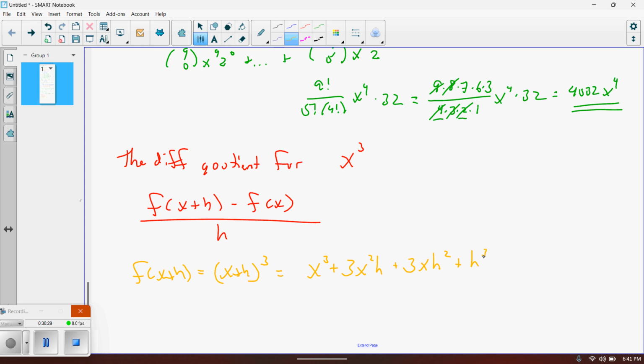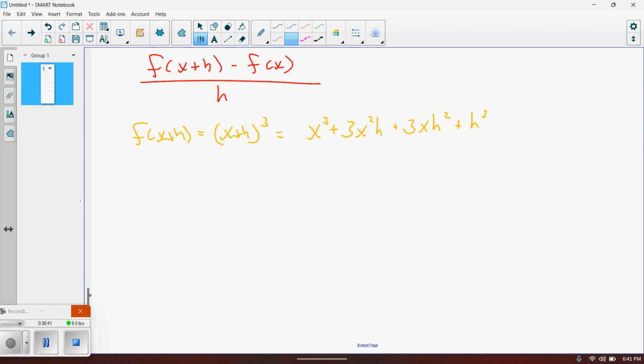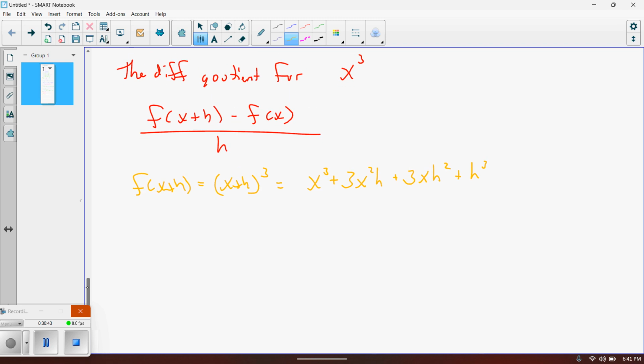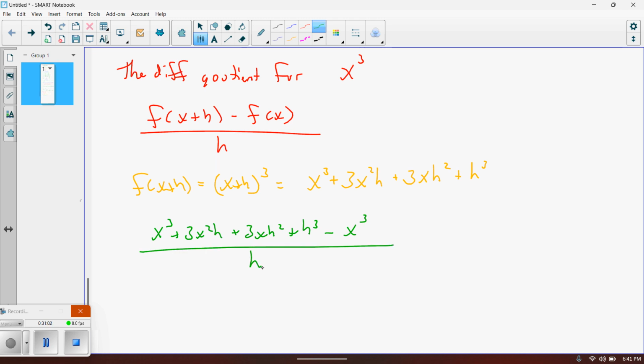So I've gone ahead and expanded out x plus h cubed without having to basically FOIL x plus h times x plus h and then multiply another x plus h using whatever method you might choose for that. And then this becomes pretty quick and easy to deal with. So the difference quotient would be x cubed plus 3x squared h plus 3xh squared plus h cubed minus f of x, which was x cubed, all divided by h.